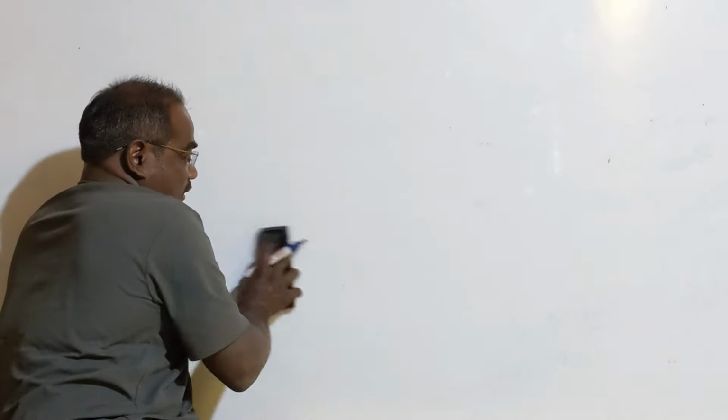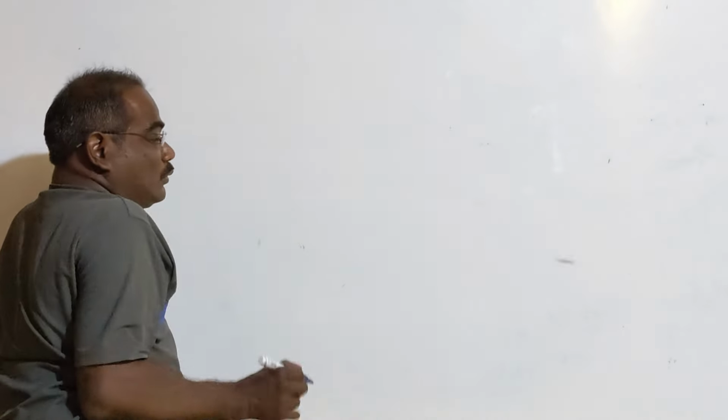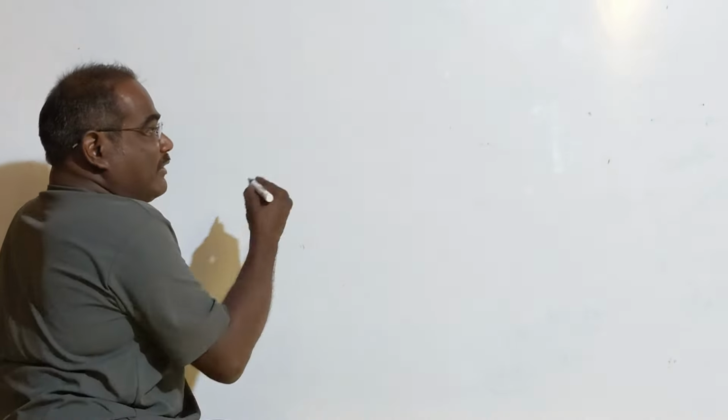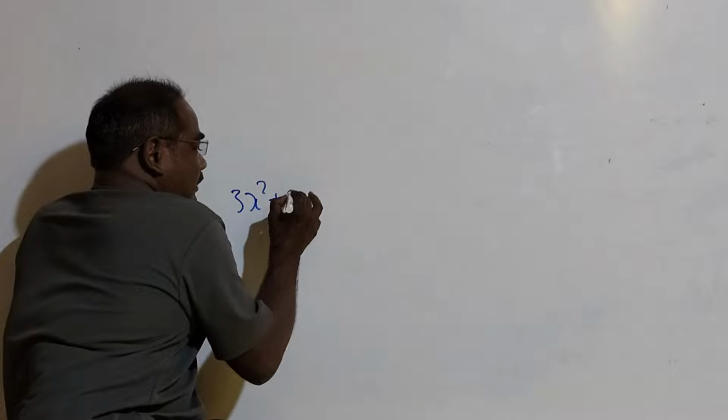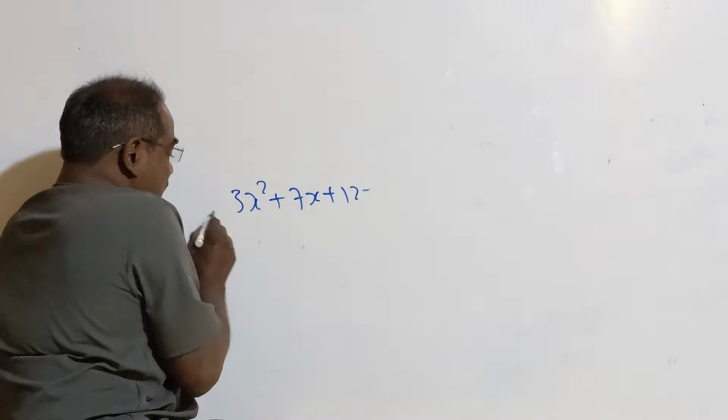Now, how do we decide whether the given expression is a polynomial or not? Take 3x square plus 7x plus 12.